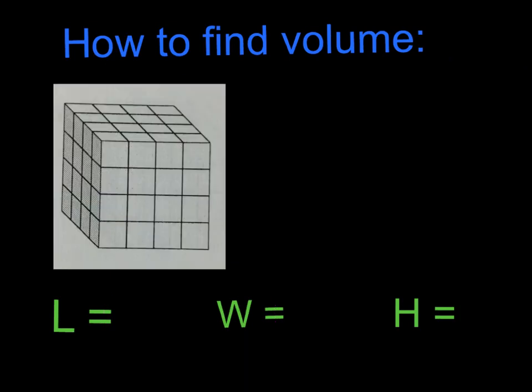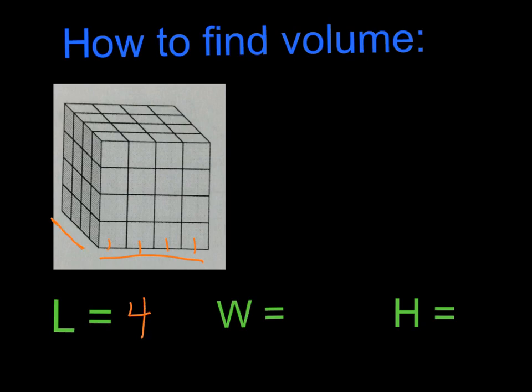All right, let's go ahead and try to find volume on this shape. This is actually a cube because all the sides are equal. First we're going to see how long it is, the length of it: 1, 2, 3, 4. My length is 4 units.